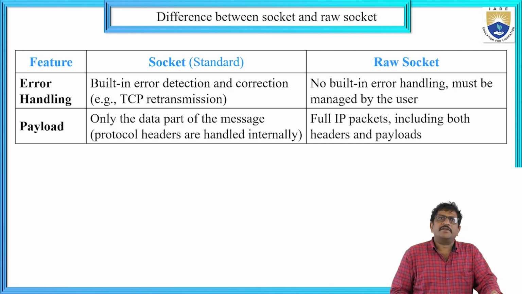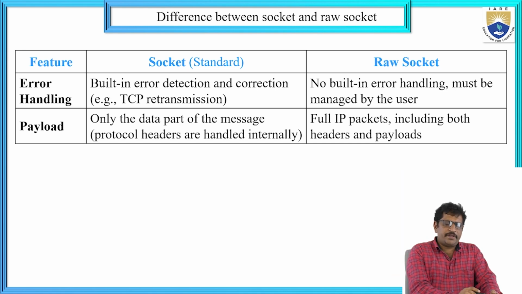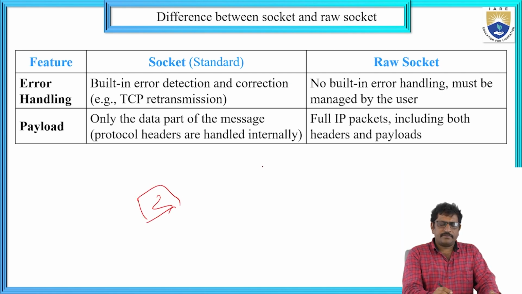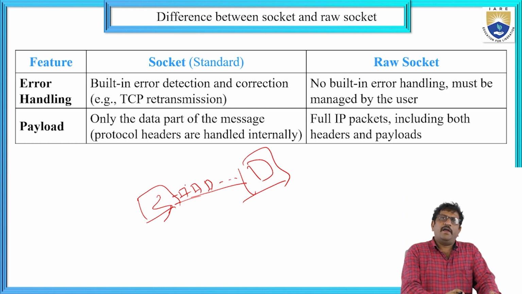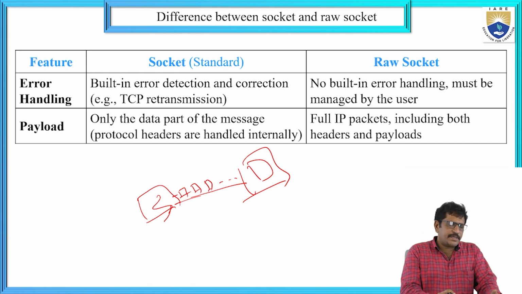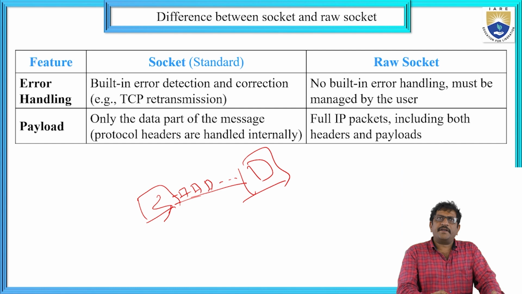Next difference is error handling. That means built-in error detection and correction can be done. Errors can occur while transmitting the packets from source to destination. We check whether the packets are effectively transmitted or not, and if any data is lost, we can identify the error, rectify it, and retransmit the data.